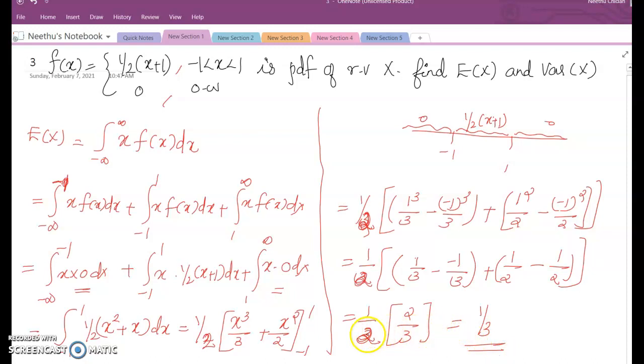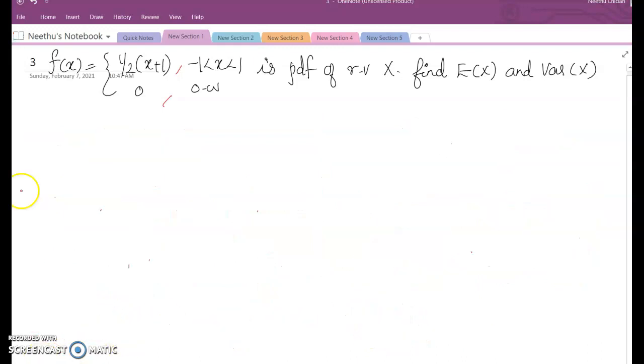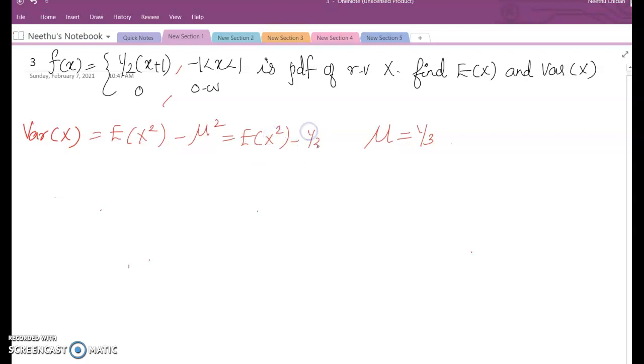Therefore, E of x is 1 by 3. Next, we have to find variance of x. Variance of x equal to E of x square minus mu square. Mu is already calculated, it is 1 by 3. Therefore, variance of x is E of x square minus 1 by 3 whole square.